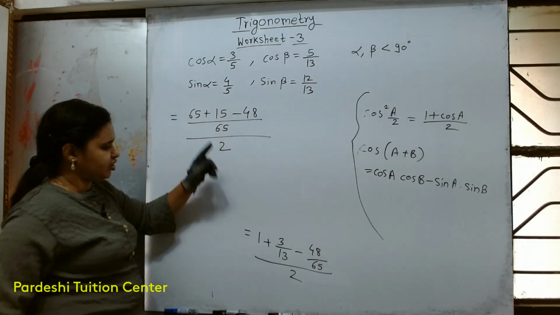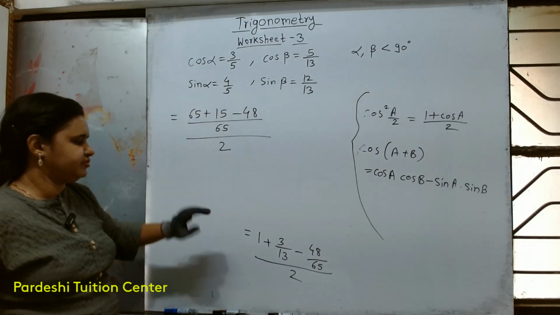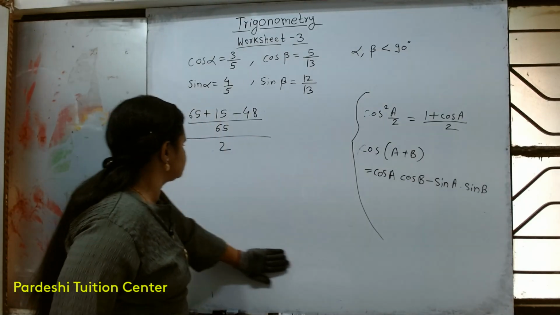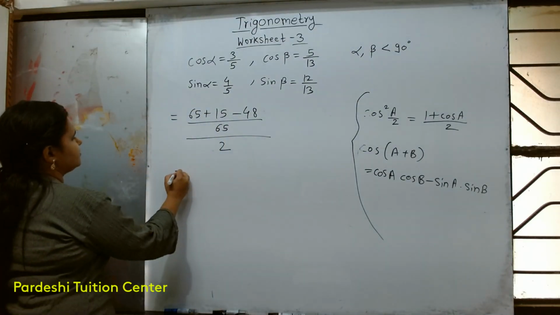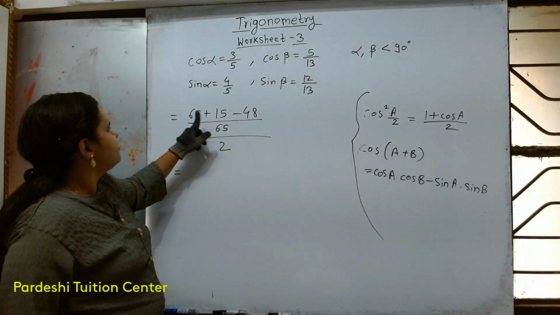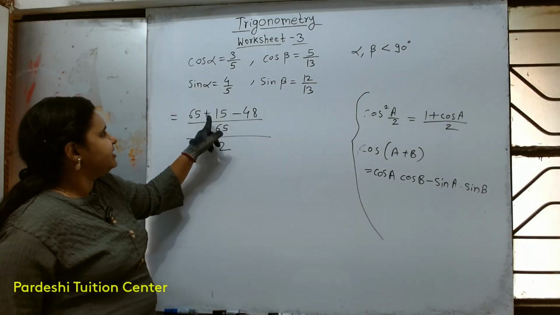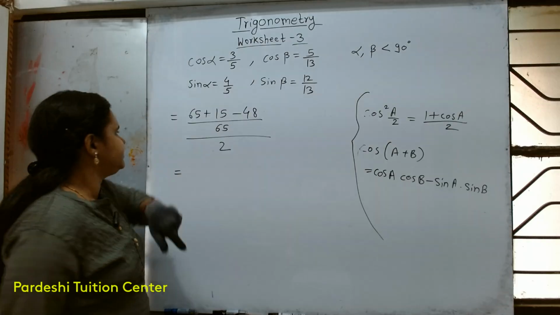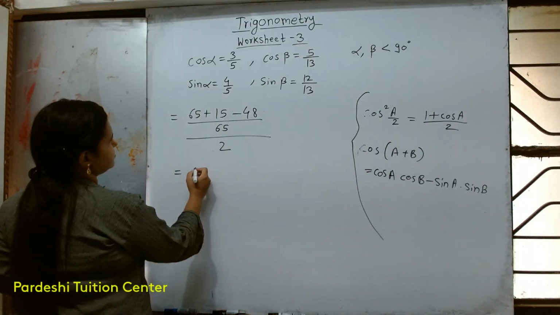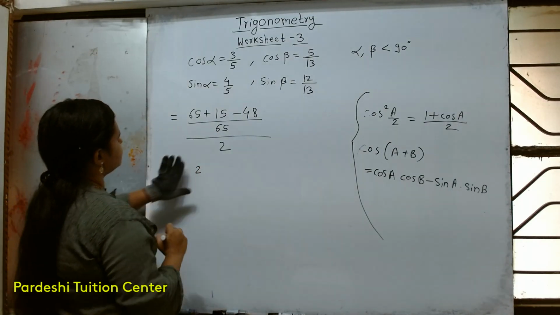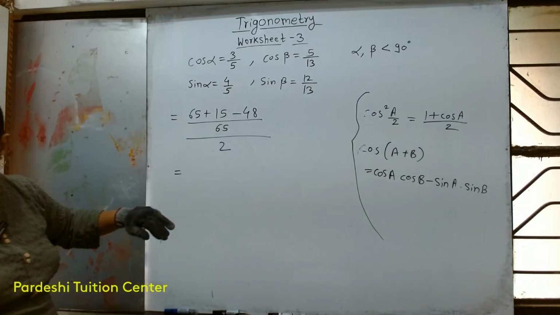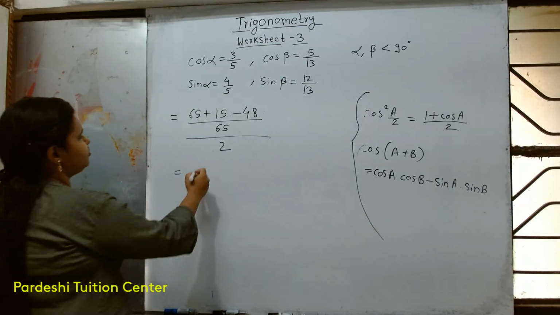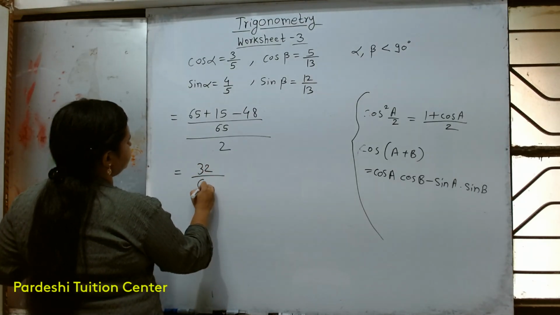Okay. Denominator we have taken the LCM as 65. So 65 plus 15 is 80. 80 minus 48 is 32 upon 65.